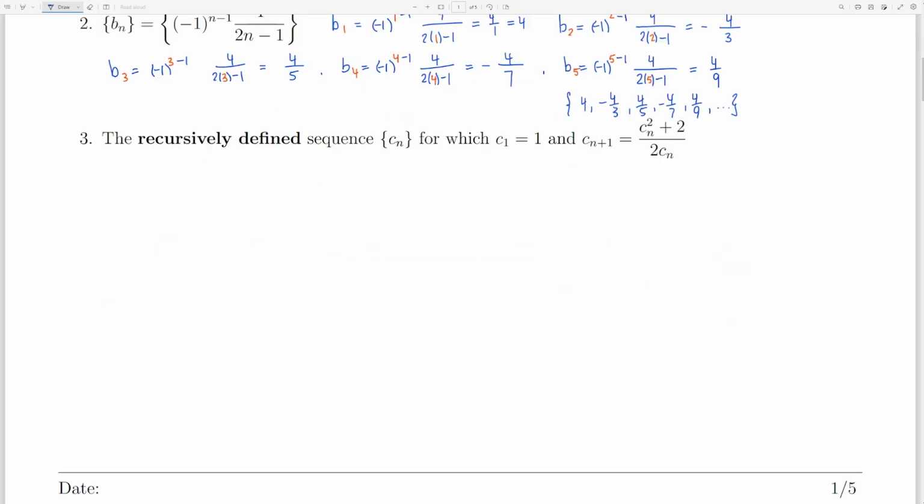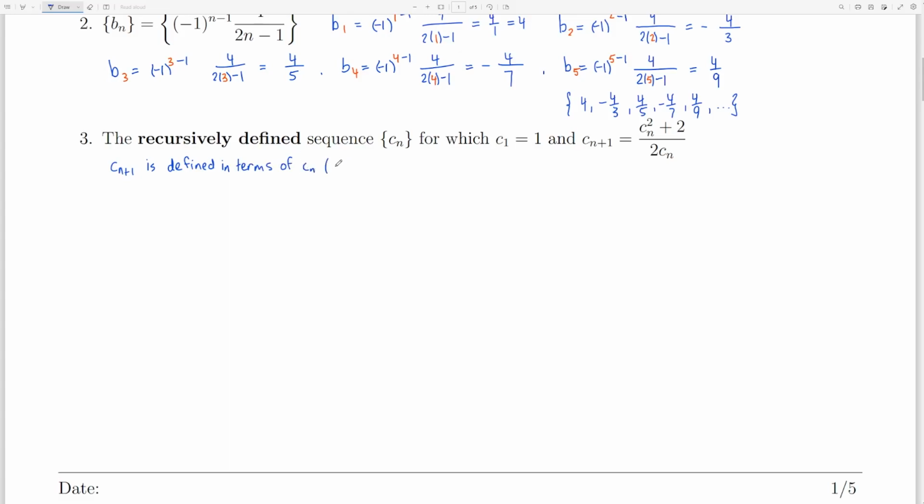Another way to define sequences is by using a recursion. So the way that works is you start with one number in your sequence, C1, and then you define the other terms in your sequence by writing C sub n plus 1 in terms of C sub n.